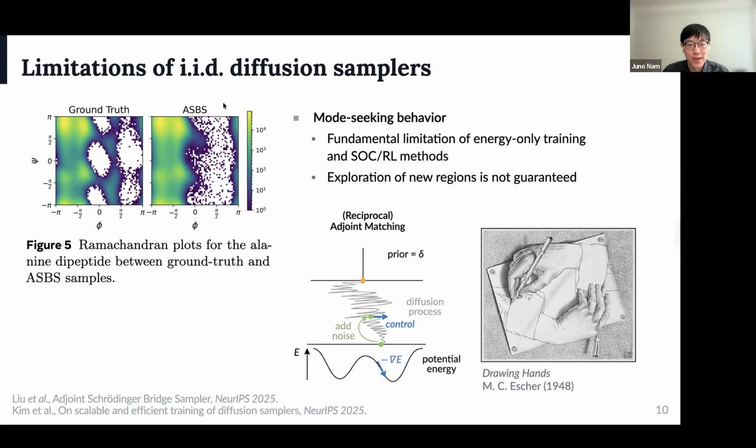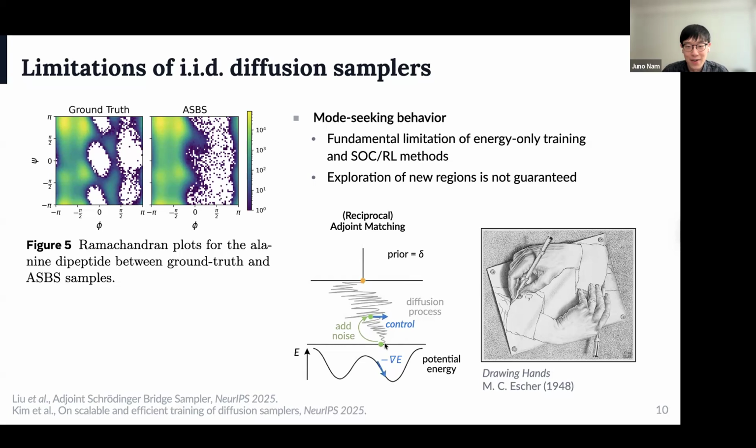And this kind of mode-seeking behavior is somewhat of a fundamental limitation of this method, because when we learn from the energy function, essentially we're learning from the energy feedback from the samples that we generated. So say we have two different modes, and if we only generate samples in the mode on the right, then the feedback from the energy function will guide us downwards on the potential energy landscape.